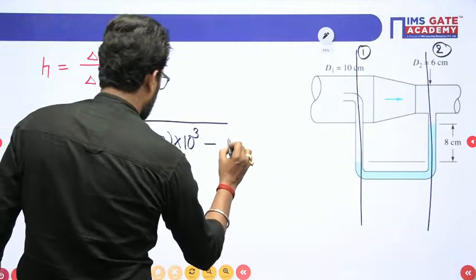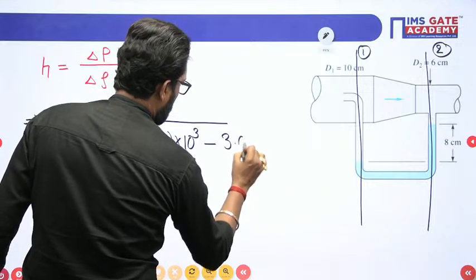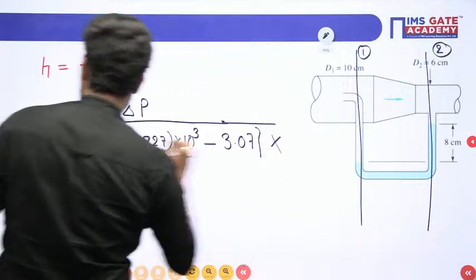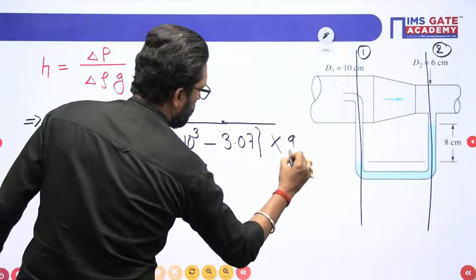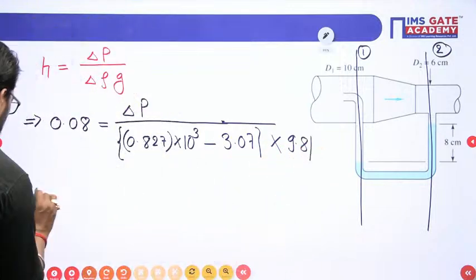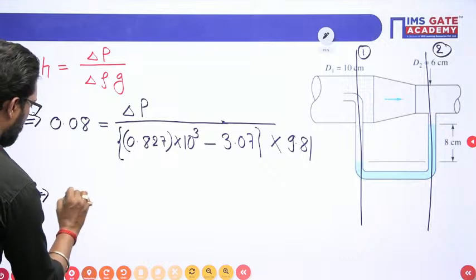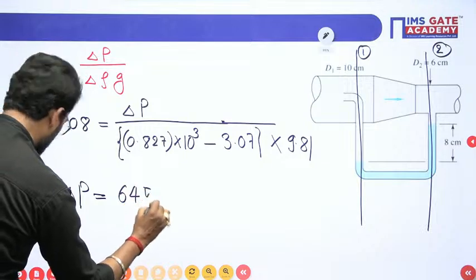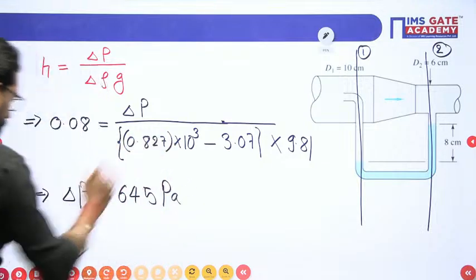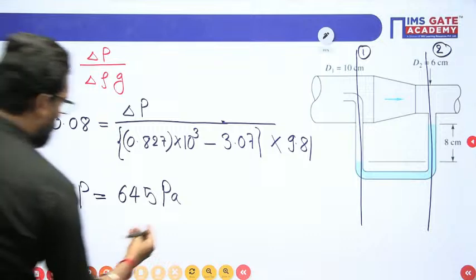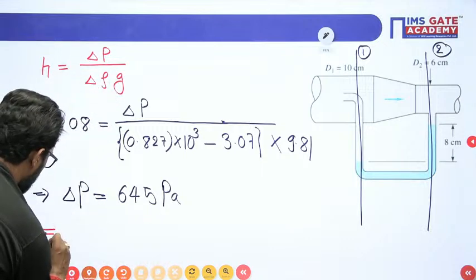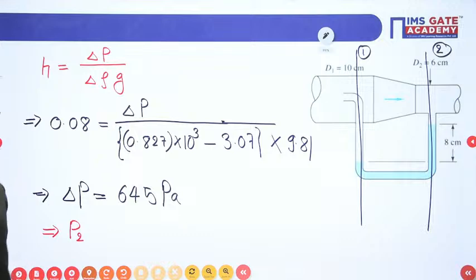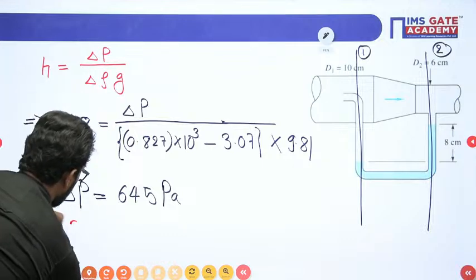3.07, this is density of carbon dioxide, into G value 9.81. Just put this in. If you calculate the delta P here, it is 645 Pascal. Okay. So this is what, beta? Delta P, that means the P2 pressure.